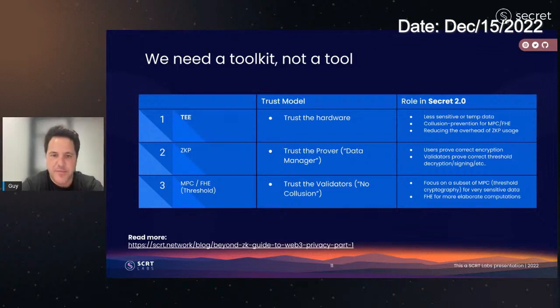So this is very similar to how a blockchain works. In a blockchain, you trust that the majority of the validators don't collude. And in MPC and FHE, you basically need to trust that, again, the majority of validators don't collude here as well. But there's a very distinct difference, and this is why we trust blockchains to work.